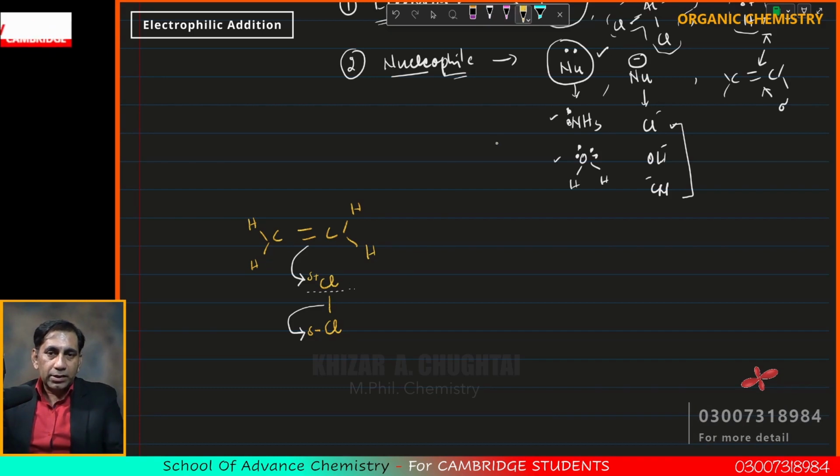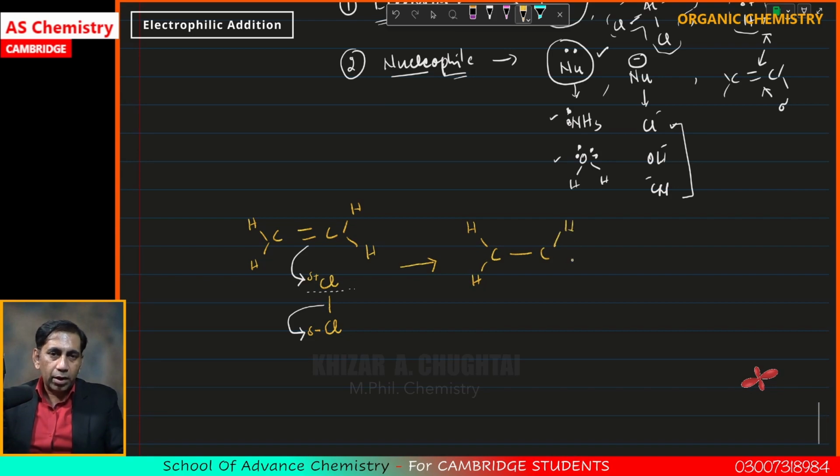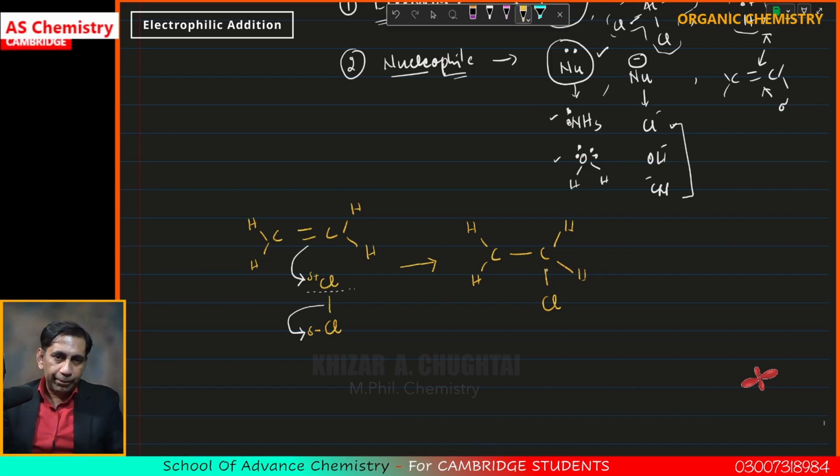Now what is next? Next is the intermediate. What is the intermediate? As you have seen, we have ethene and one bond left, the C-C bond left over here, and two hydrogens with each carbon will remain intact. Now this is the simplest way. Then this bond will be shifted toward this Cl, and a new bond, the C-Cl bond, is going to be formed. And what will happen on this carbon atom, as you have removed its electron?